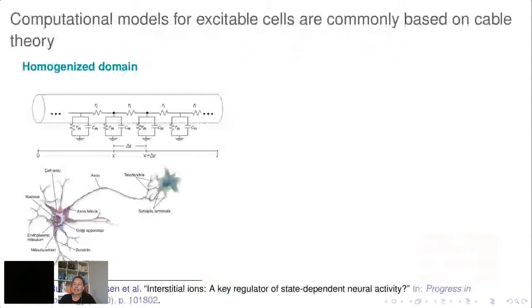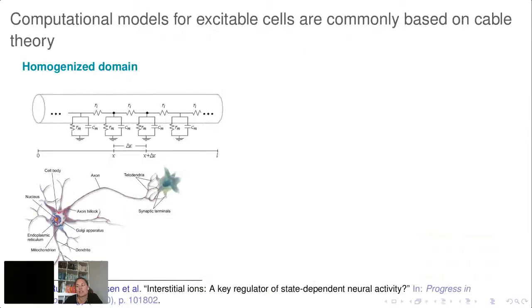Mathematical models for excitable tissue are commonly based on cable theory, which assumes that tissue can be represented as homogenized matter, which means that the extracellular space, the intracellular space, and the membrane live in each point of the domain. This is often a very good approximation, and cable theory has and will continue to provide good insight into how excitable cells work.